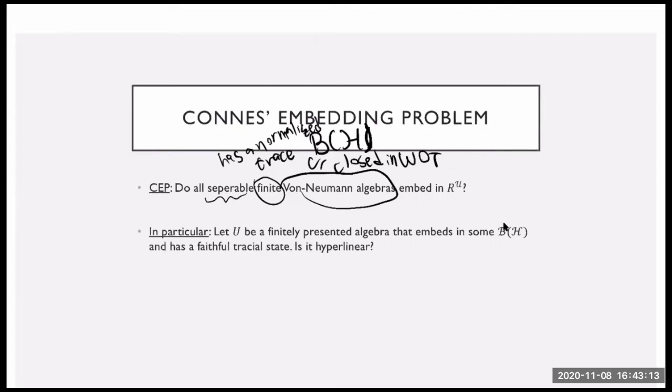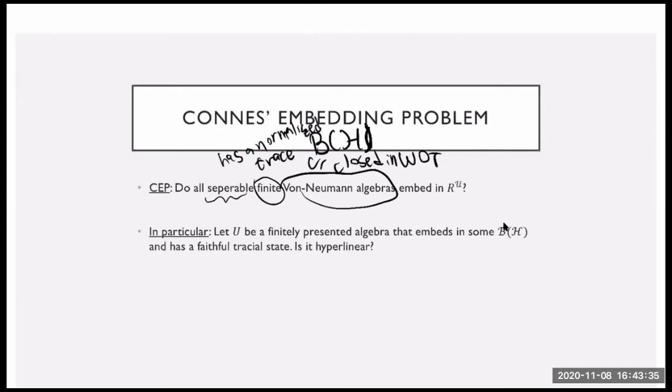But it's not the same for finite von Neumann algebras, because von Neumann algebras have additional structure, they are closed in some topology, so you cannot embed them in R0 to the U. You can only embed them potentially in R to the U.